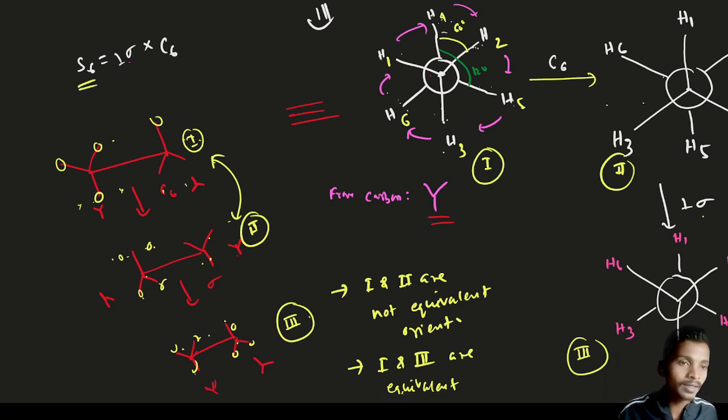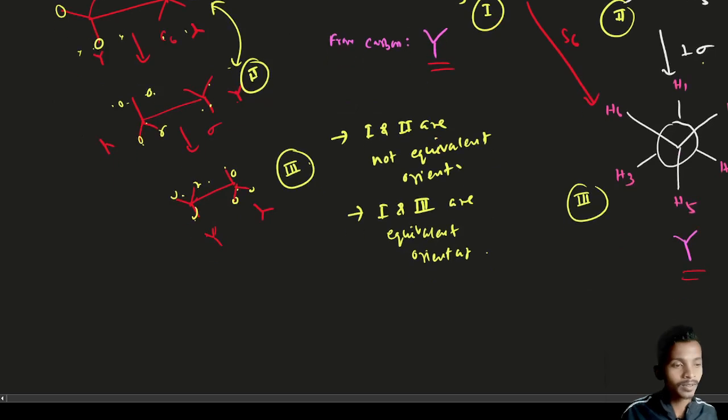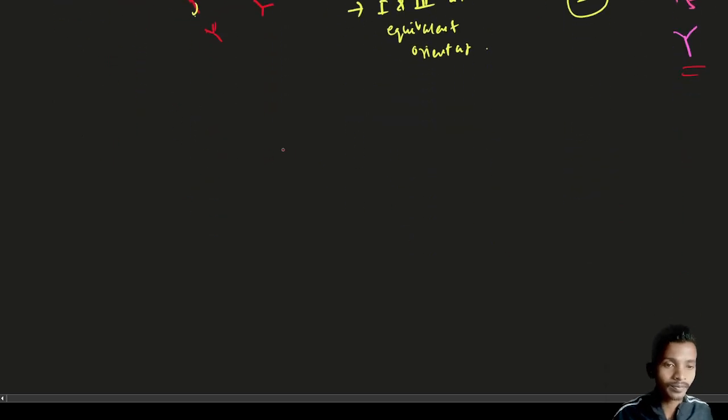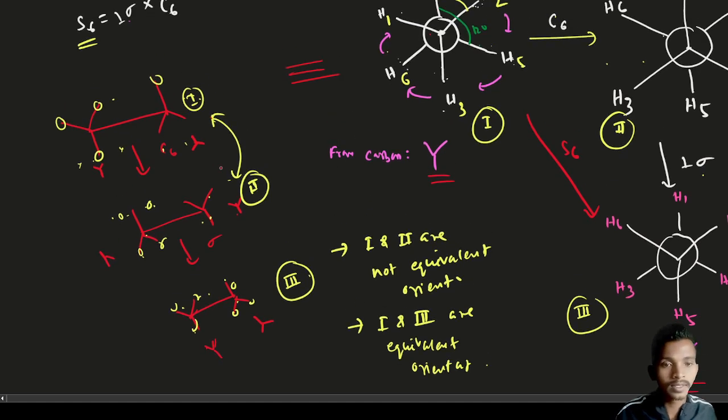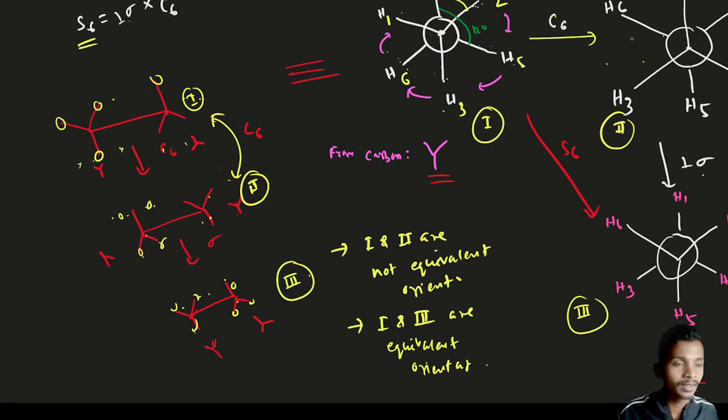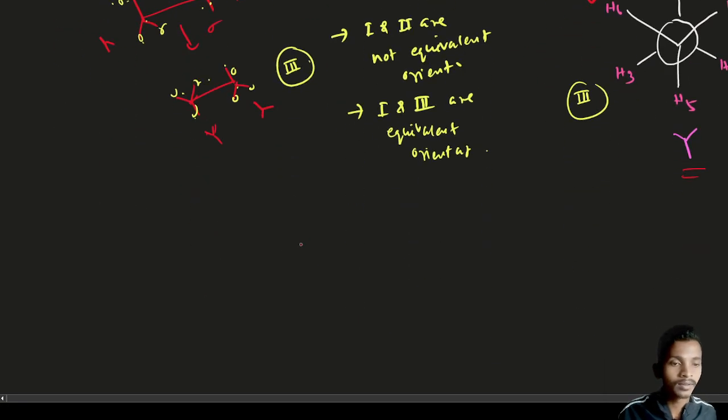It means here the S6 axis is present. So from here I write that since this is C6, C6 is not present. Yes, because these are not equivalent orientations, so C6 is absent.